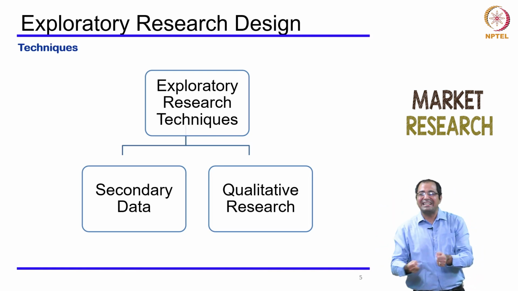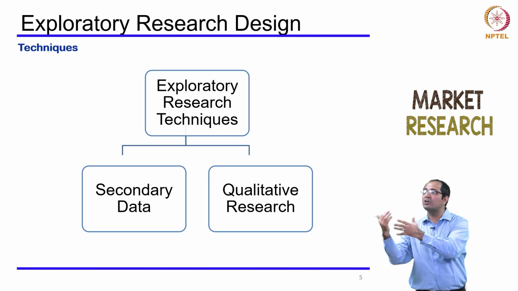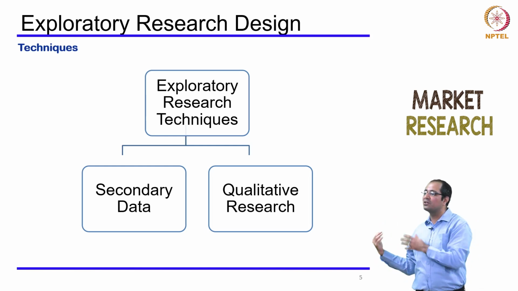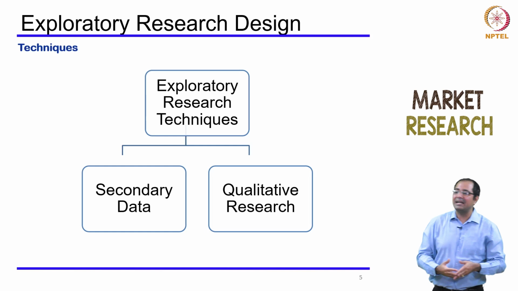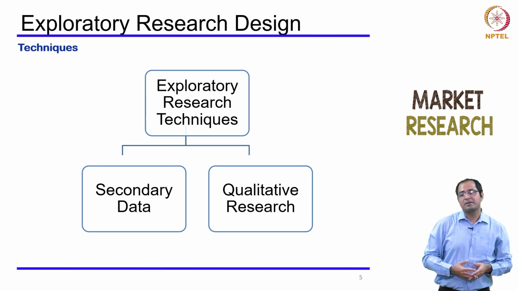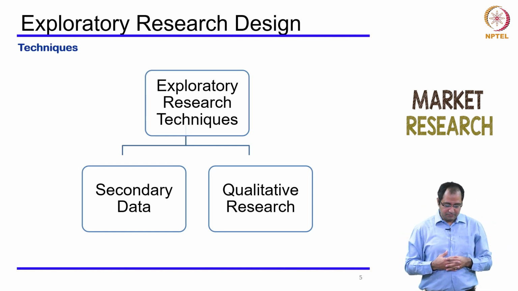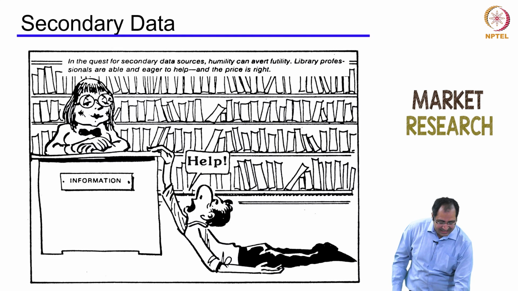From qualitative you get tentative things which may or may not apply to the population. That is why you conduct quantitative research for validating and confirming the probable cause and then solving it. So let's move further on secondary data.